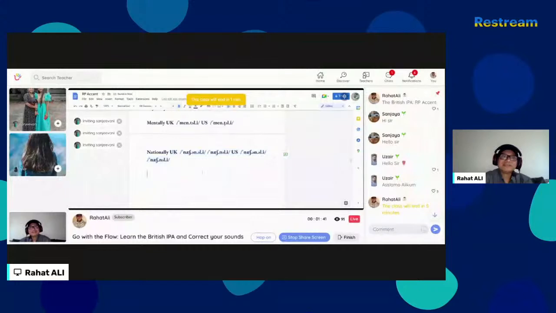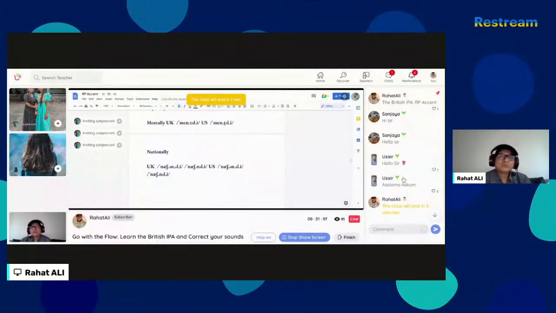That is really amazing. Nationally or nationally. You can stress the first syllable, you can stress another. It is not nationally, guys, it is nationally. Remember, nationally. You can see the American IPA.